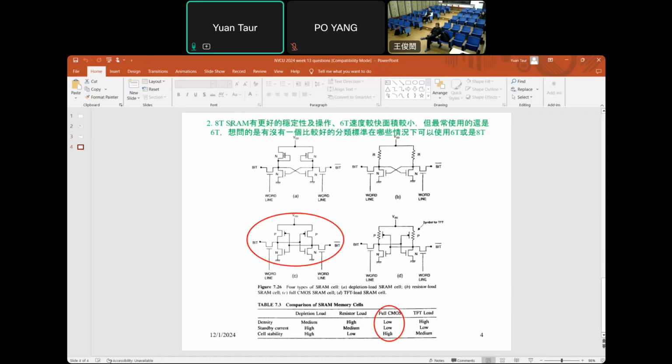The second question is about 8T SRAM, which we have not discussed. 8T is not a basic mainstream SRAM structure.